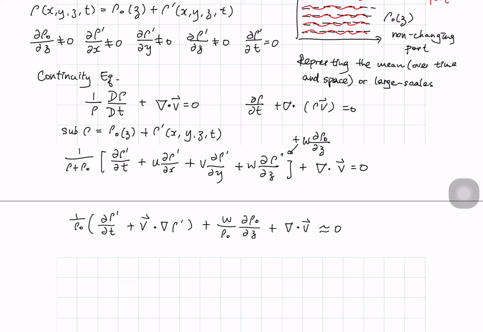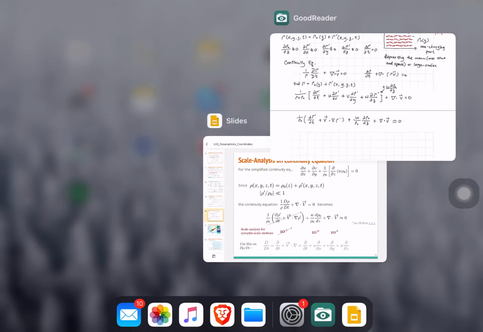Okay, so this bracket comes from here, I think, and then this last term is this term. Okay, we have arrived at this. So why do we do this? We want to rearrange the terms so that we can do the scale analysis.